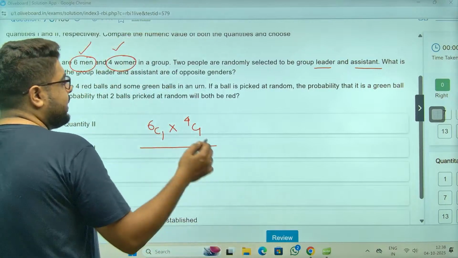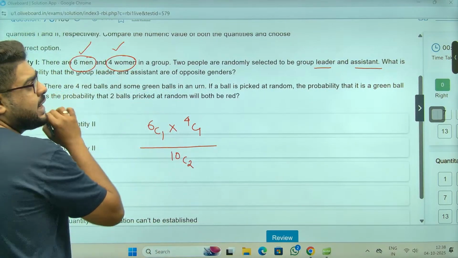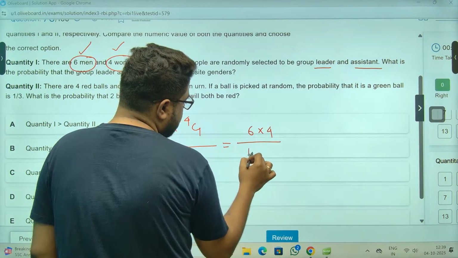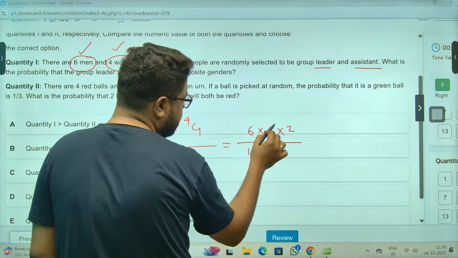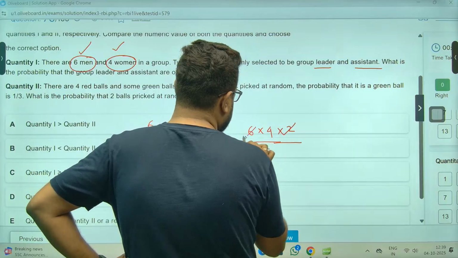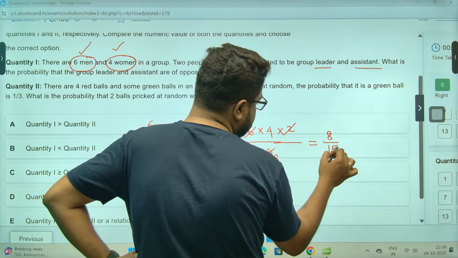By probability, sir, meaning 10C2. There were 10 people, I'll pick 2. So 6 into 4 by 10 into 9, divided by 2. Calculate, sir. This is 5. 3 twos, 3 threes. 8 by 15, sir. That is Q1.